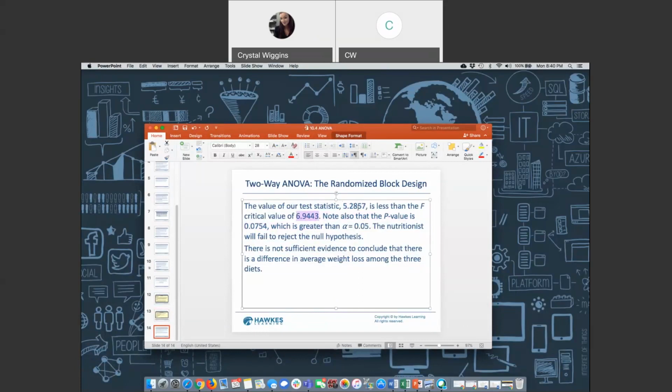So this is less than that value, saying to fail to reject, but we'll be using this p-value, which is 0.0754, which is greater than our alpha level default of 0.05. So there is not sufficient evidence to conclude that there's a difference in average weight loss among the three diets. Okay, so that's the conclusion we can make.